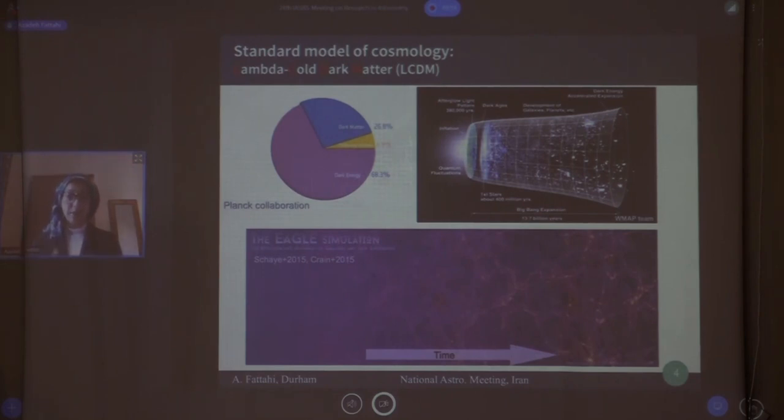And in this framework, we start from a big bang, the universe expands, and the structures form from the initial fluctuations in the matter density. We study this growth of structures mainly using numerical simulations.